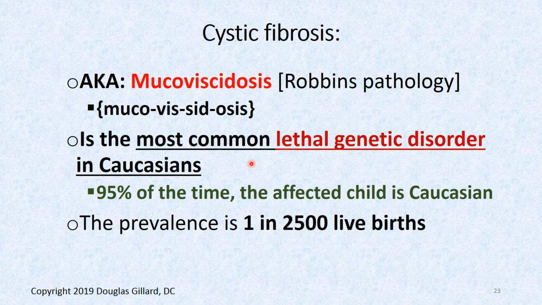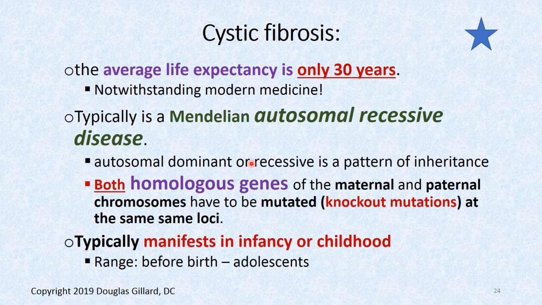Marfan's is 0.01%, so it's about 4 times more common than Marfan's syndrome. Not super common, but it's more common than Marfan's. The average life expectancy, bummer, even with today's modern medicine, is only 30 years. They typically live to about 30.